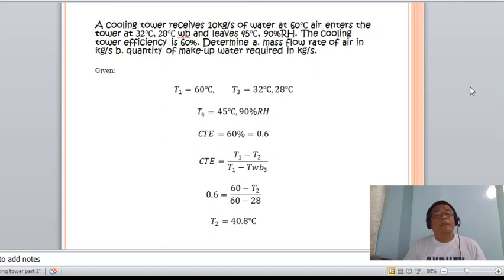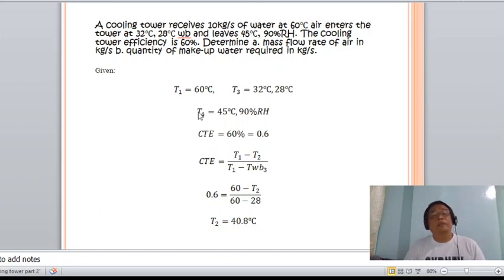Another problem: a cooling tower receives 10 kilograms per second of water at 60 degrees Celsius. Air enters the tower at 32 degrees Celsius dry bulb, 28 degrees Celsius wet bulb, and leaves at 45 degrees Celsius, 90% relative humidity. Cooling tower efficiency is 60%. Determine A, the mass flow rate of air in kilograms per second, and B, the quantity of makeup water required in kilograms per second.